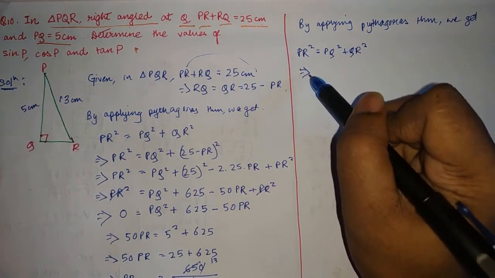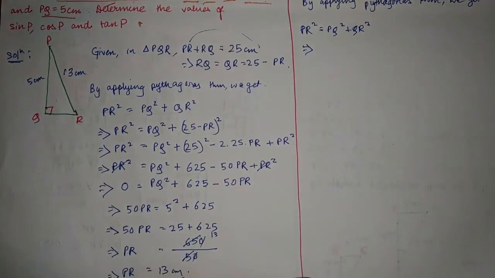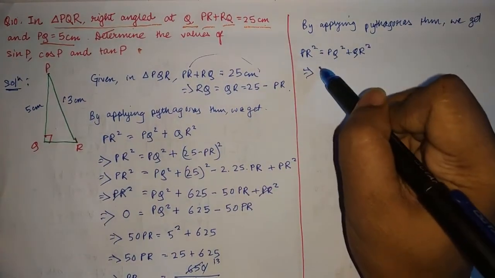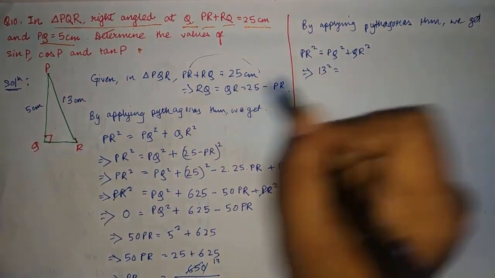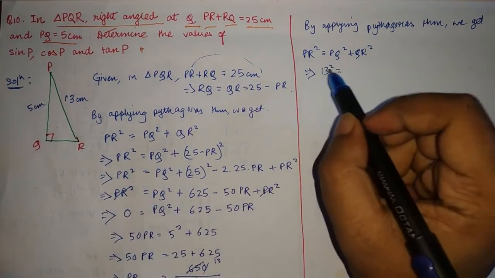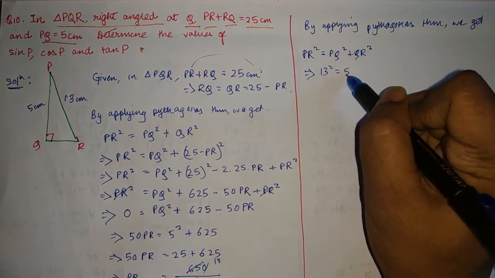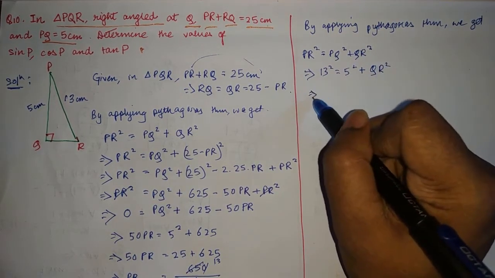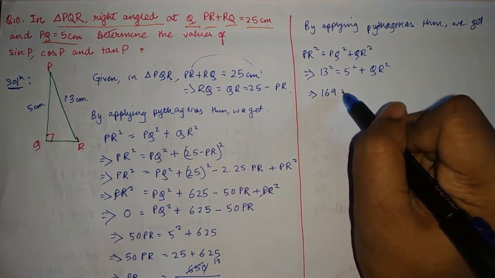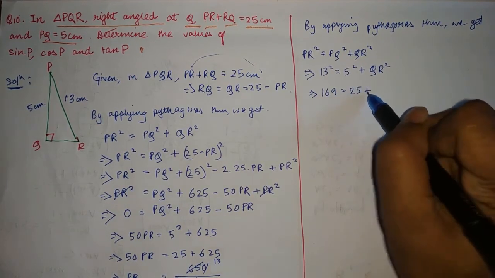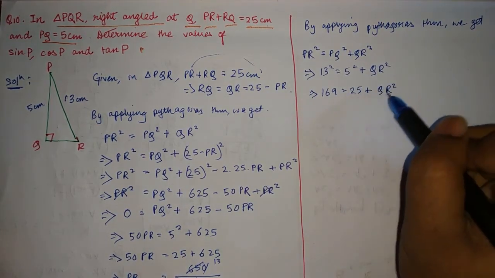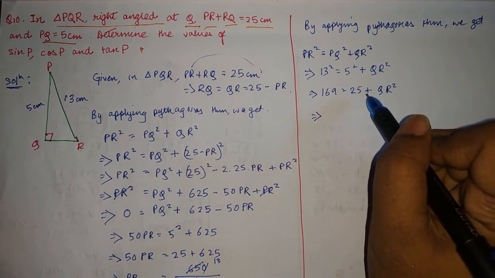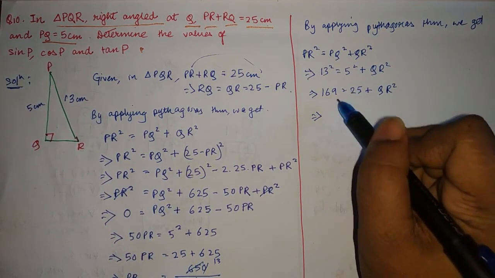Now what is the value of PR? You got it as 13 centimeter. So 13 squared is equal to, what is the value of PQ? It's 5 squared plus QR squared. So what is 13 squared? It's 169. 5 squared is 25 plus QR squared. Transfer the 25 to the left hand side.